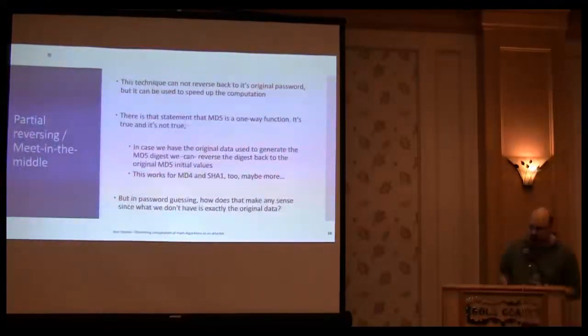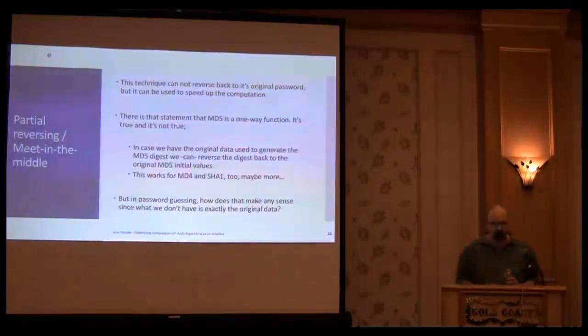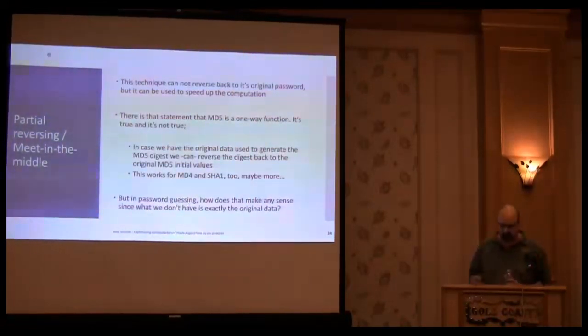And the last general technique is the partial reversing. This is really nice and a bit more complicated to understand. But one important thing is that the statement that hash algorithms are one-way functions is true and it's not.